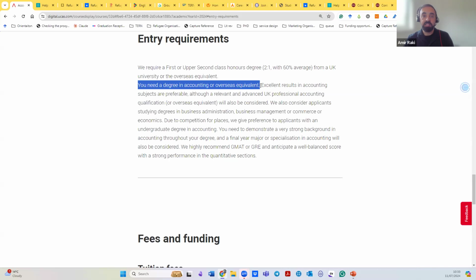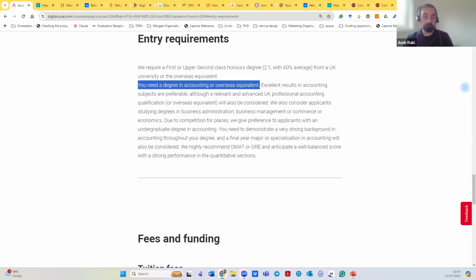Which means if you study geography for undergraduate, they don't give you an offer to study postgraduate in accounting, because you need to have an undergraduate level of understanding of accounting and the techniques and skills for accounting.